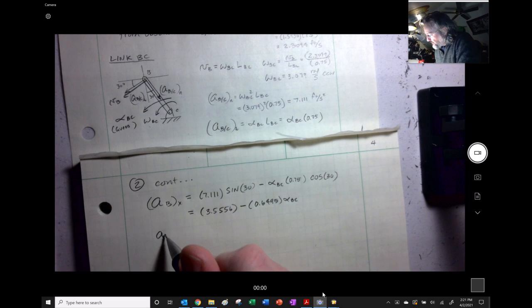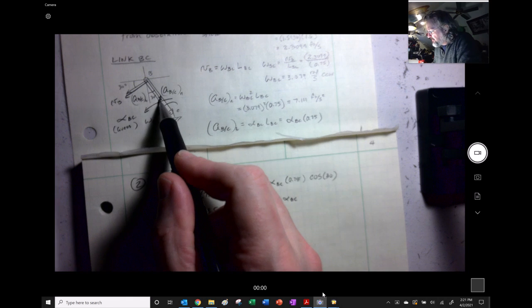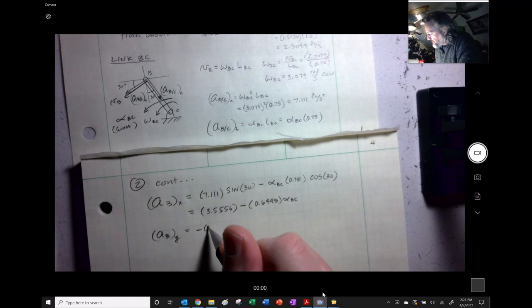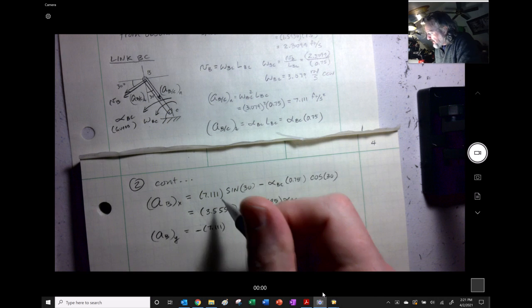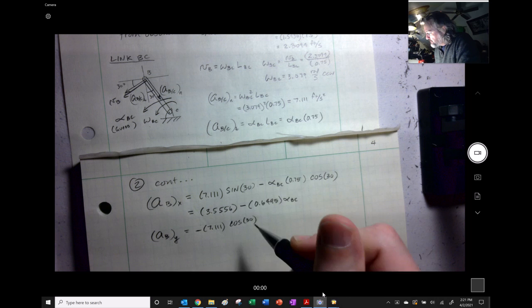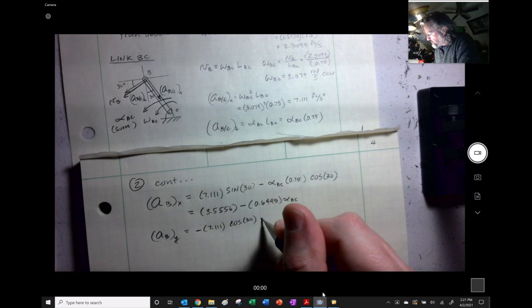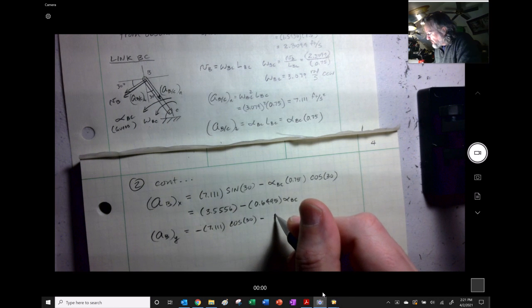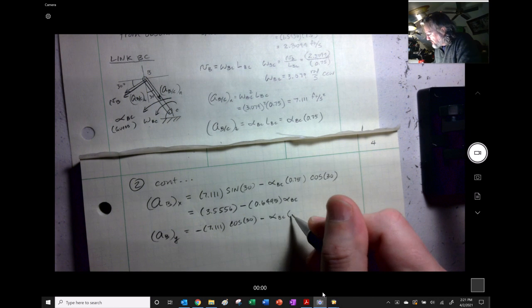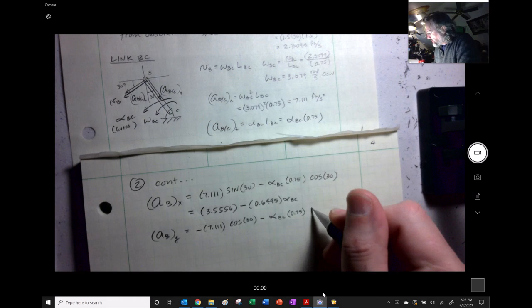And then I'll do the same thing for the Y direction. So that's going to be a negative here, negative 7.111 times the cosine of 30. And then it's also going to be negative here: negative alpha BC times 0.75, and now we want the sine of 30 degrees.